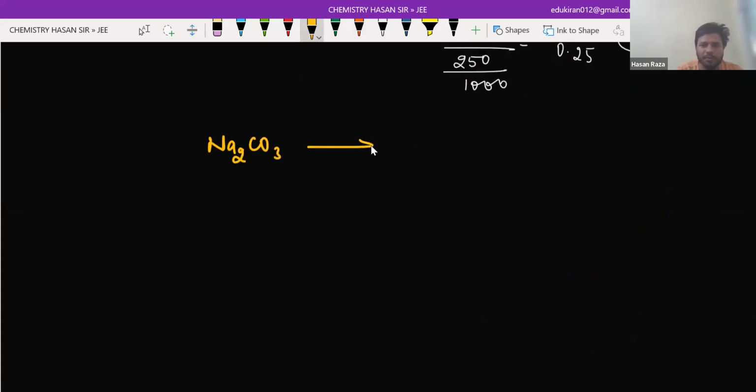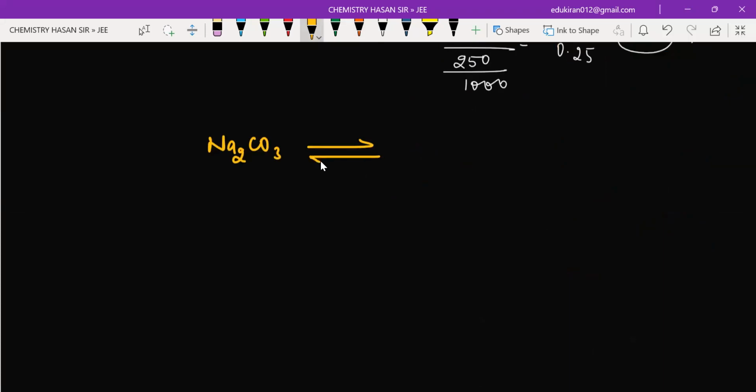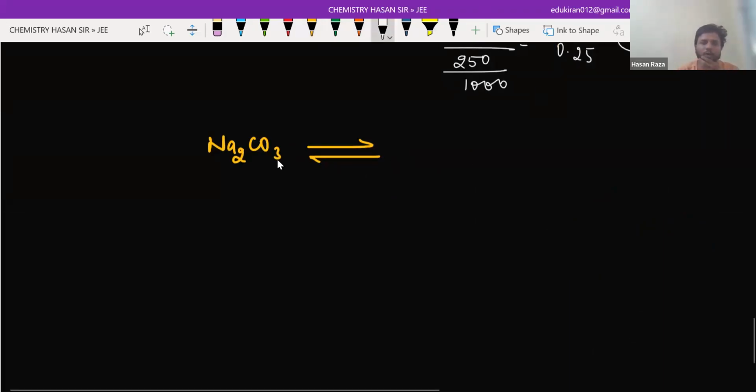Yes or no, Shavesh? Yes, sir. After calculating the molarity of Na2CO3, you are going to dissociate this electrolyte. It will be converted into Na plus and CO3 minus 2. Na always goes in plus, and carbonate in minus 2. And you need to balance it, so you need to multiply it by 2.